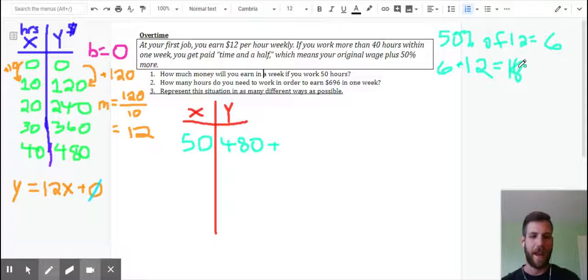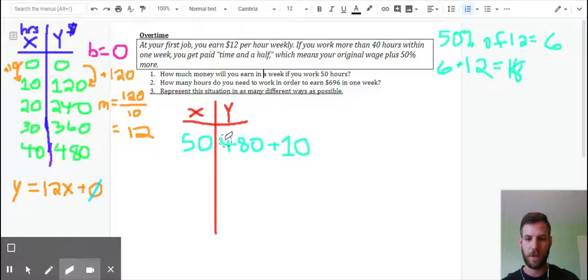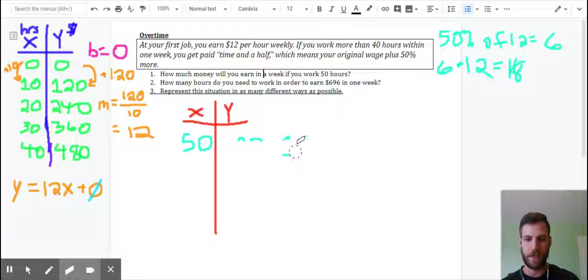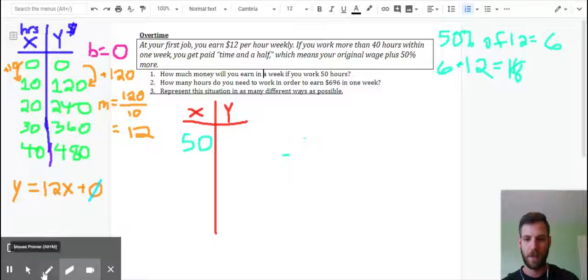Now that I know that that 18 is there, that 18 is going to be my hourly wage for just the overtime hours. So with those another 10 hours past the 40 that I've already done, I can even write this out as simply as possible.